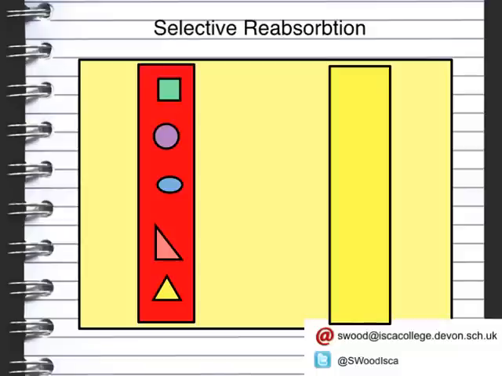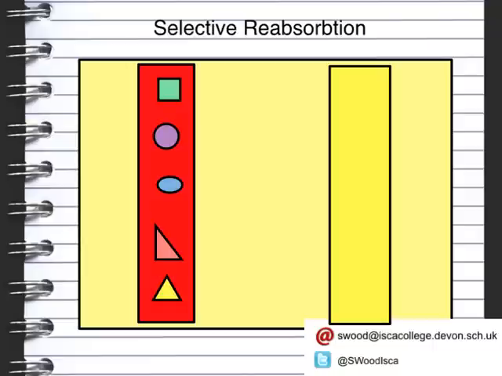Okay, so for selective reabsorption, we look at the diagram here. We've got the pale yellow in the background, which is the inside of the kidney. We've then got the red renal artery that will bring all the things that are in the blood to the kidney, and then we've got the brighter yellow, which is the ureter that will remove any waste from the kidney.